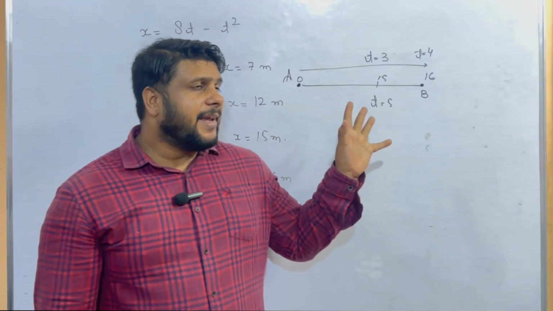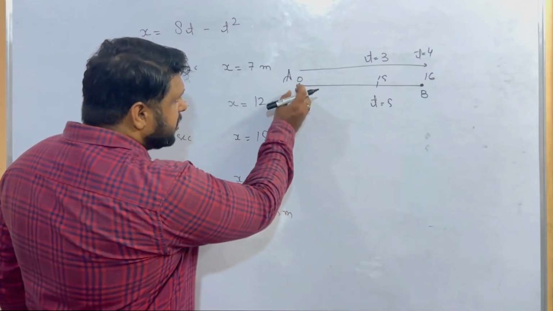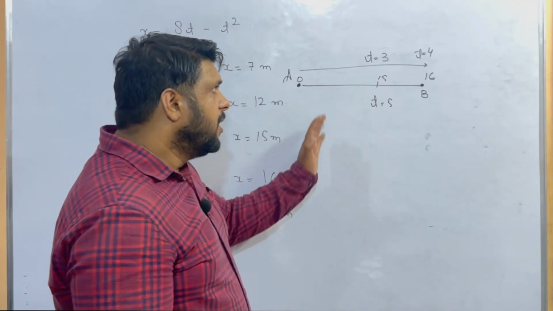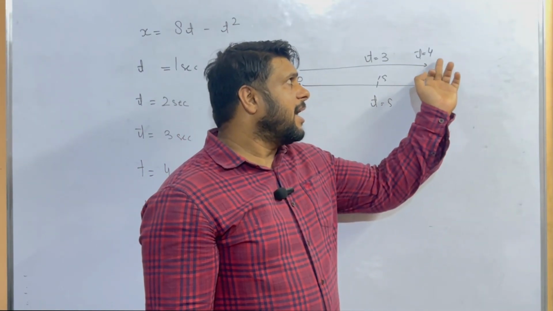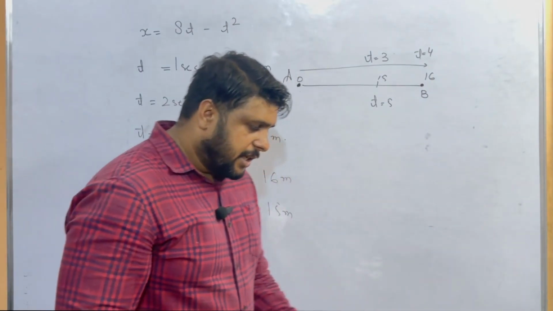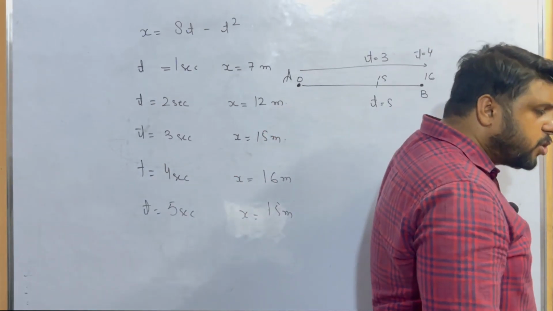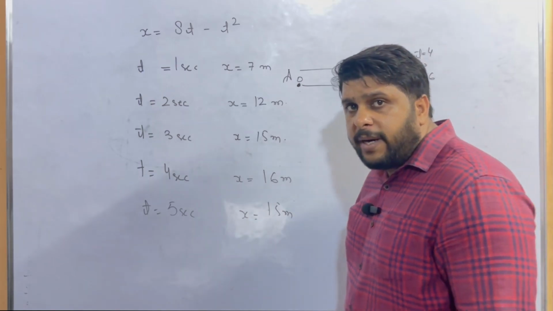Another thing you need to understand is that when it started moving from here, it was moving with a certain velocity. Now in order to reverse its direction, at time t is equal to 4, its velocity must have been 0. Like if I am going straight, I have to stop at a point first, and only then can I reverse my direction.